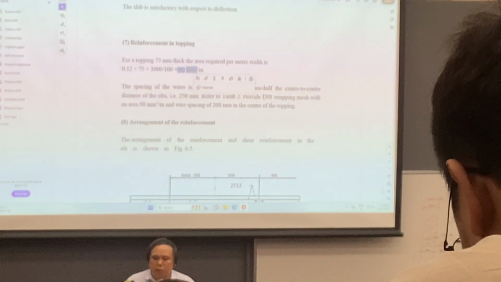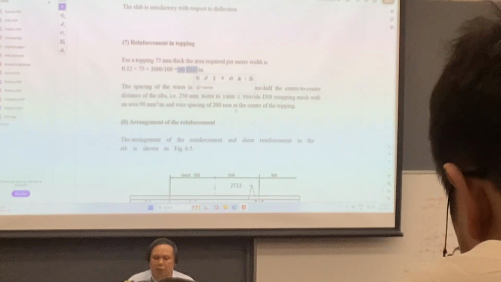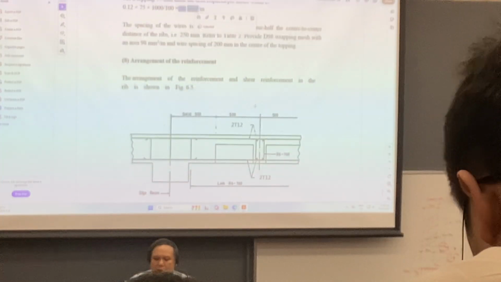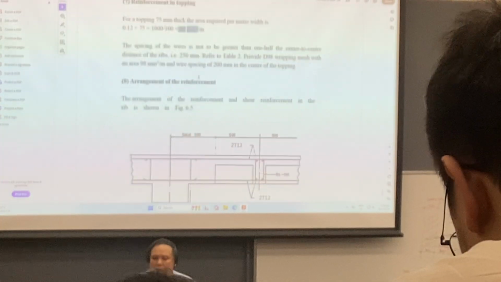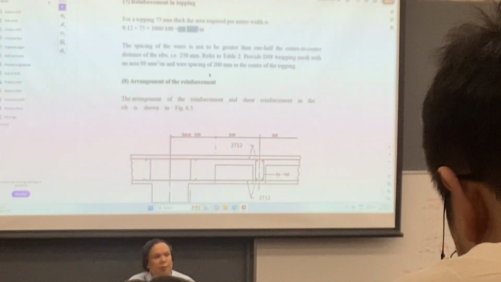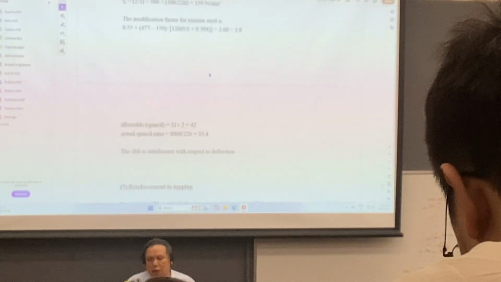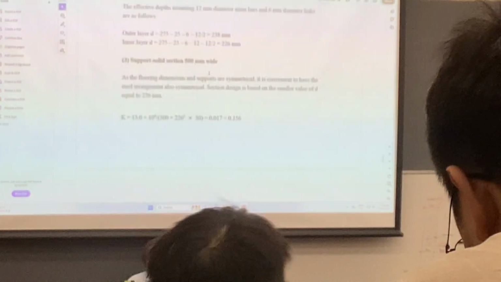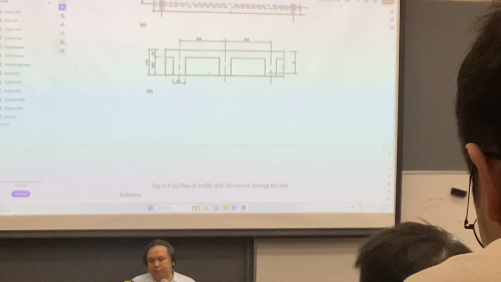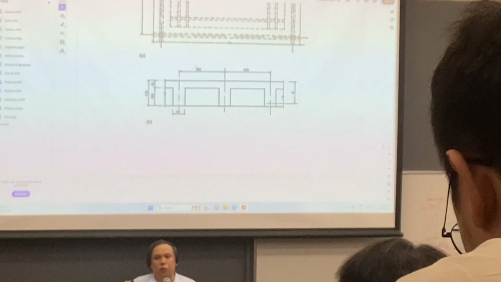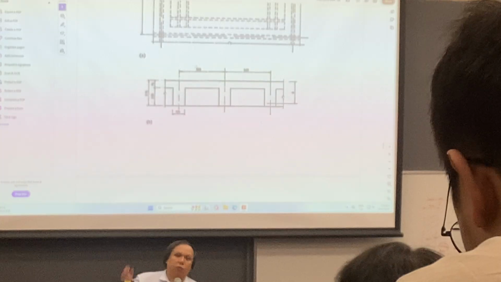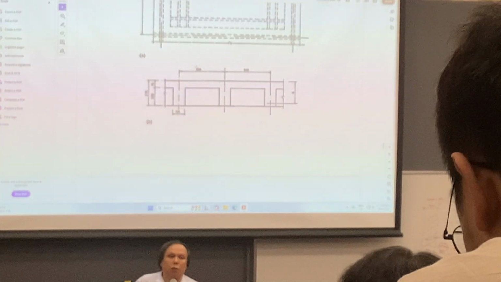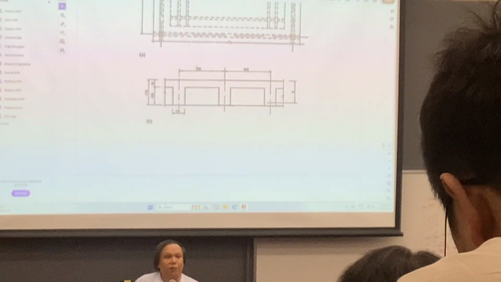So as what we mentioned before, the spacing of the wire should not be wider than half of the center to center spacing of the rib. And then your rib right now, the spacing actually is equal to 450, okay? Sorry, 500. So the spacing between the wire reinforcement should not be more than 250.